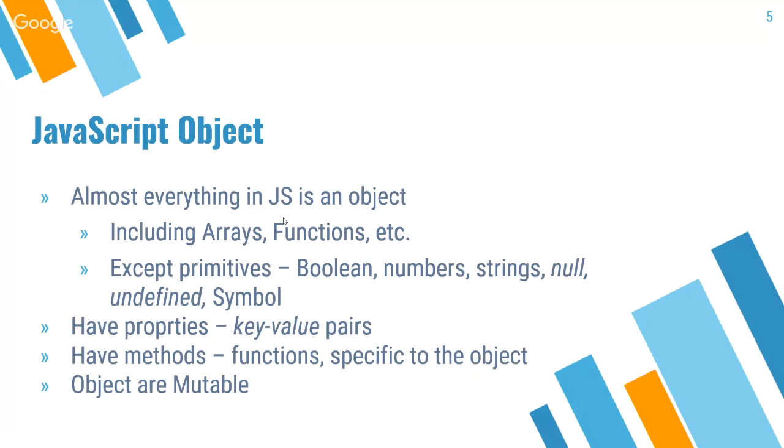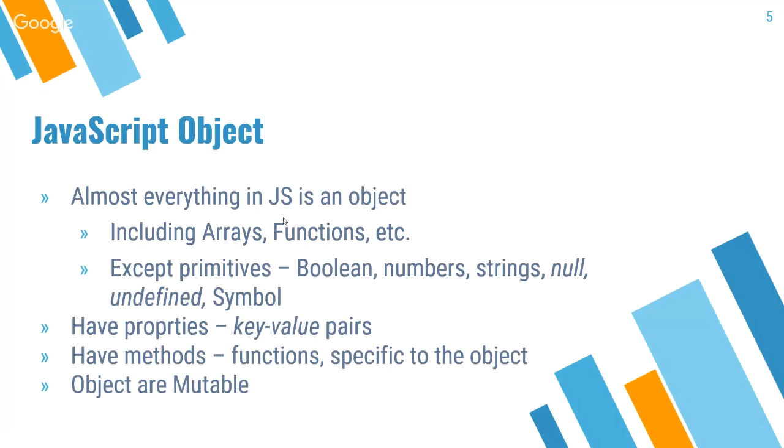All the others that are not primitive data types, that means arrays, functions, and all the others I mentioned earlier, are mutable. So we can interact with them, we can change them, we can use them, and that's essentially what mutable means. So what's important to know is that objects have properties, which are essentially variables that have values attached to them.